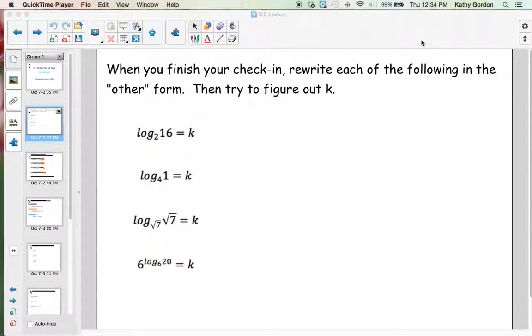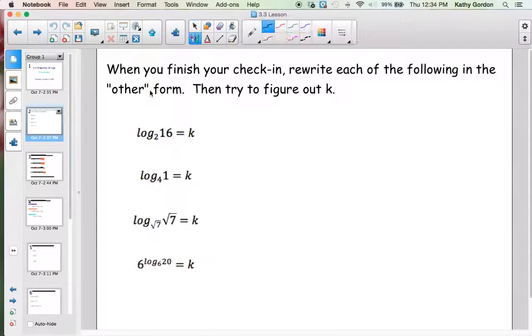Okay, so if we are looking at log base 2 of 16 equal to k, k in this case is just going to represent what this expression is equal to. If I were being asked to evaluate this, what would I get for an answer? But I'm actually writing it as an equation now so that I can do that rewrite.